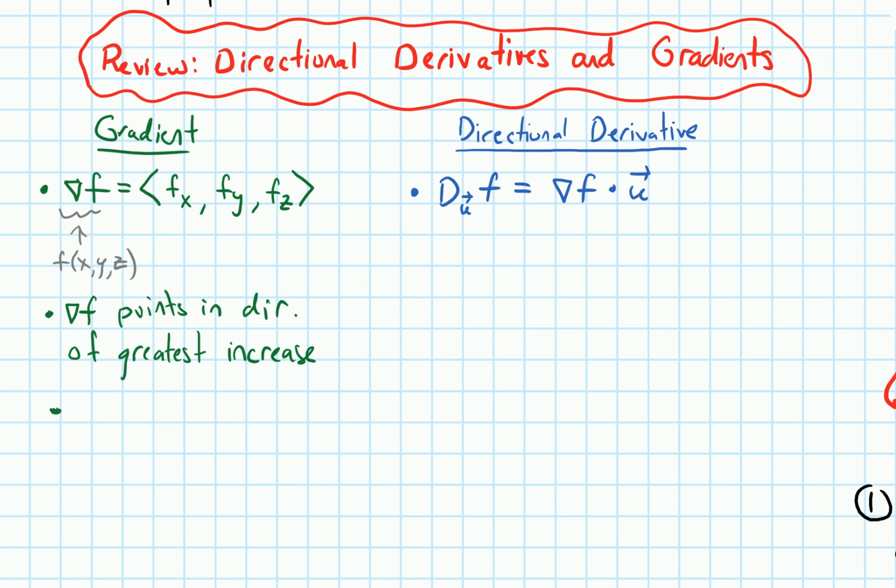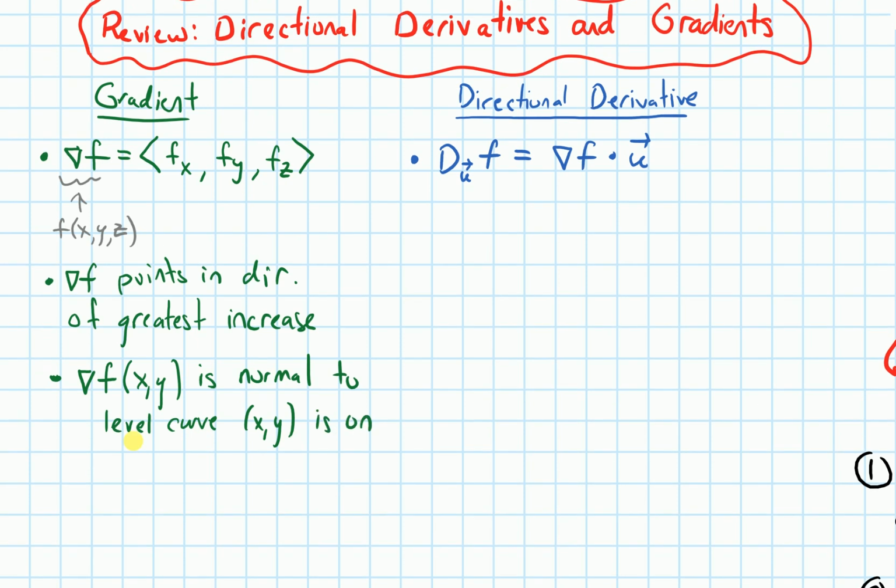So another property of the gradient is, if we had the gradient of a function of 2 variables, we can draw level curves here, and the gradient is normal, or perpendicular, to the level curve that the point x, y, whatever point we're looking at, is on.